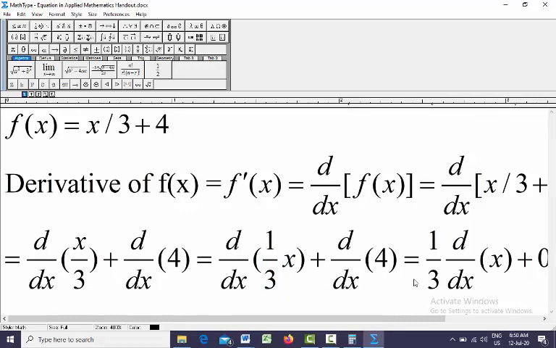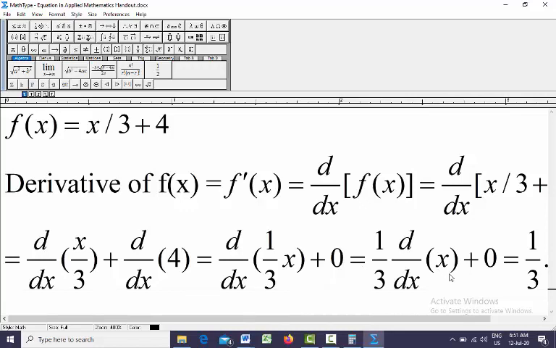Okay. And differentiation of this one: see here no variable is there, so it is a constant. And the differentiation of a constant is 0, right? So 1 by 3 is in multiplication with x.